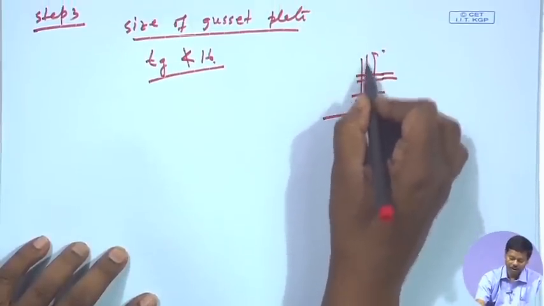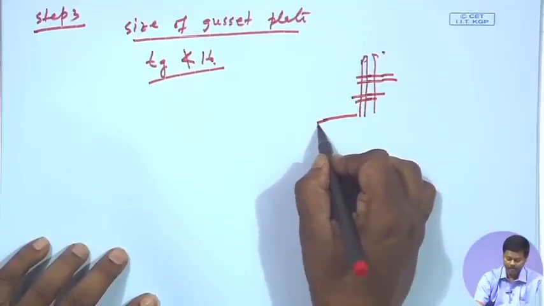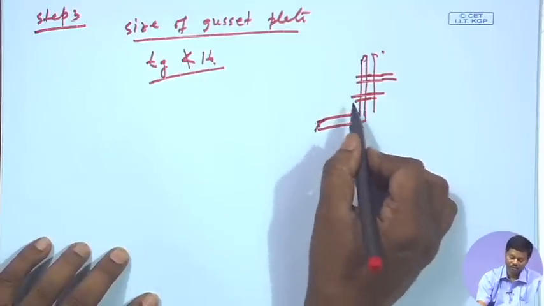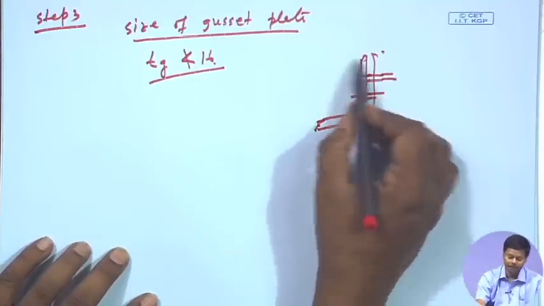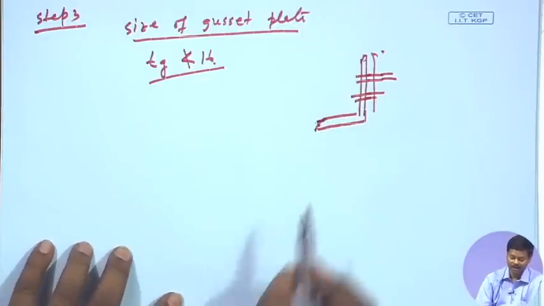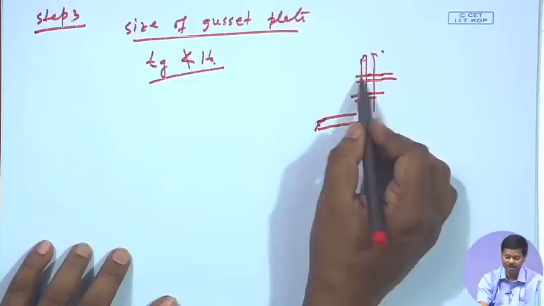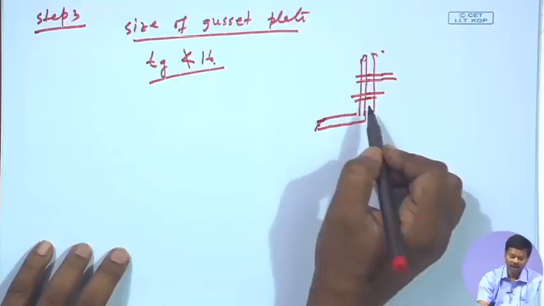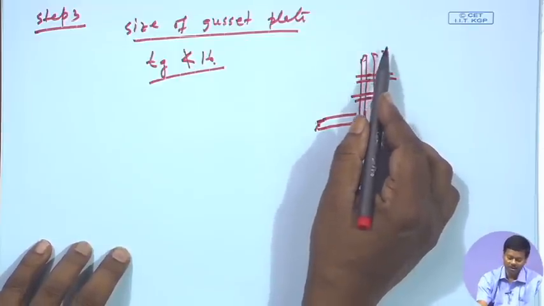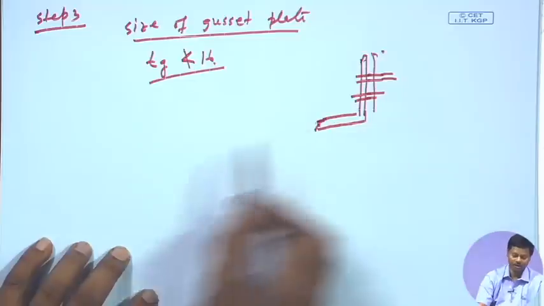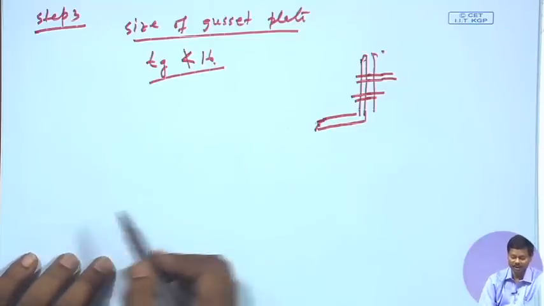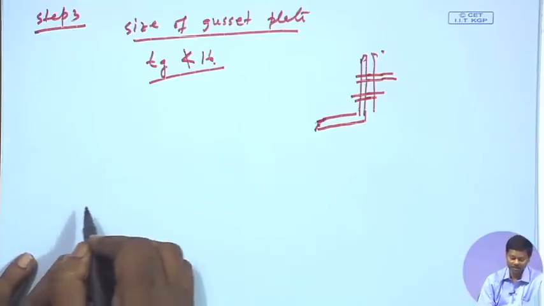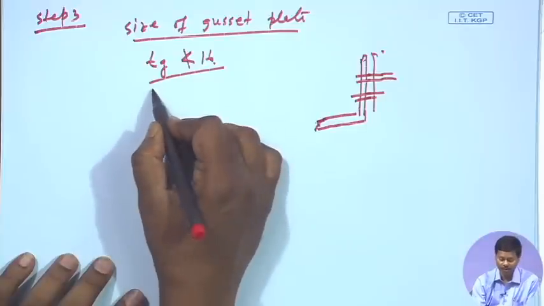So, the dimension of the angle should be sufficient, so that it can accommodate the certain number of bolts, and that number of bolts will be calculated from the total load, right. So, that will be clear to us when we will go through one example.